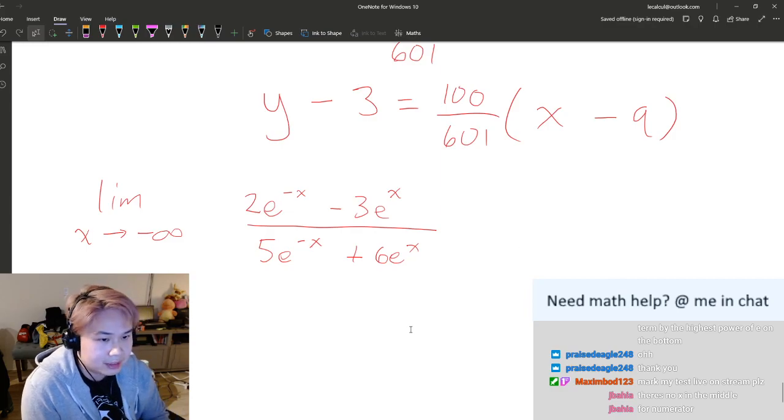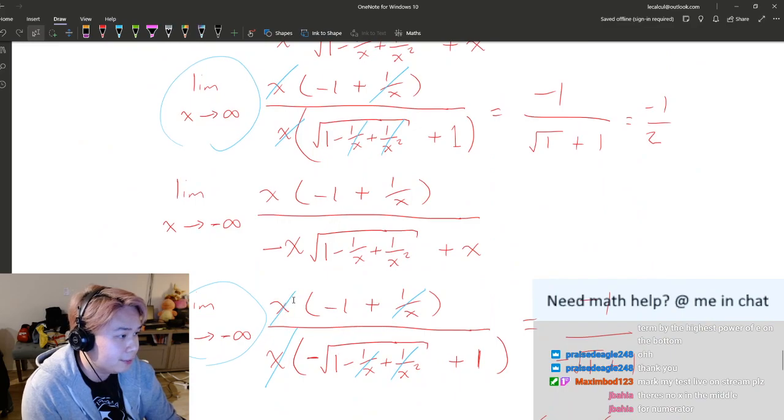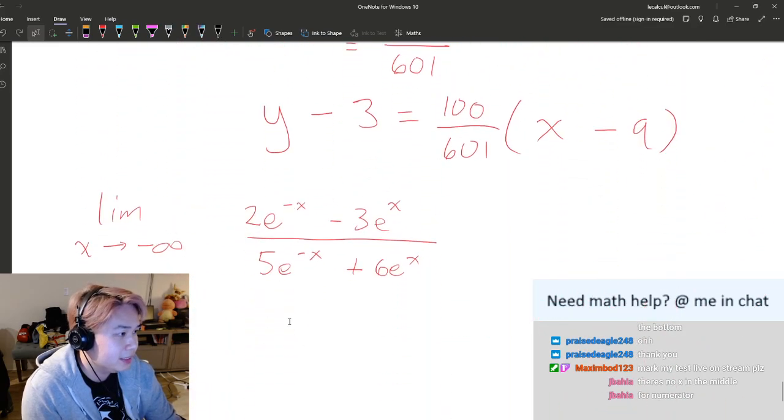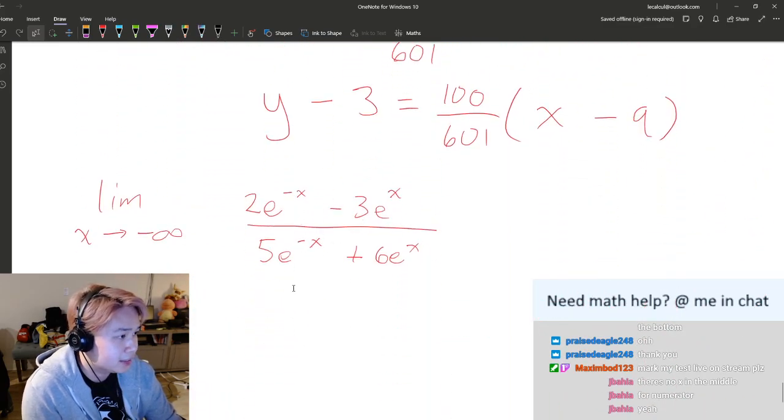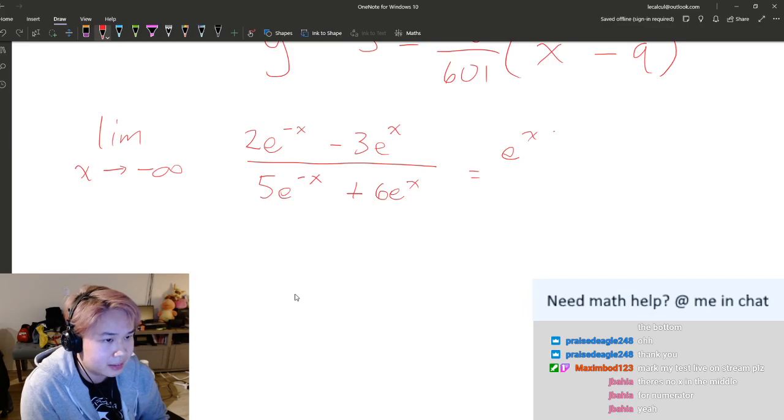Okay, so what we're going to do is very similar to what we did here, where we factor out an x. It's just this time, we're factoring out an e to the x. So if you factor out an e to the x in the numerator, then what you're left with is 2e to the power of negative 2x minus 3.